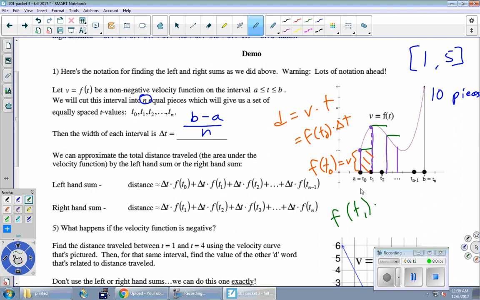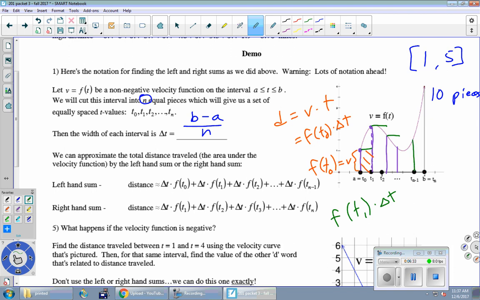How much time elapses here? Still calling it delta t. It's the same amount of time. It was the same half hour throughout that problem. And so I've done two. I'm happy enough to say I found my pattern. It's f of t sub something times delta t. t0, t1, t2, t3, all the way to, the only funny business is at the very end.